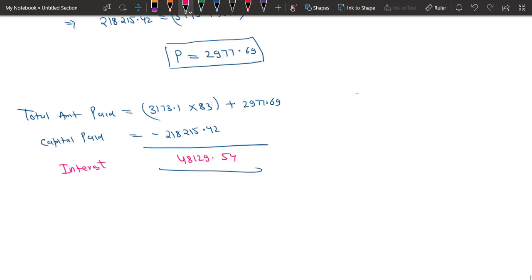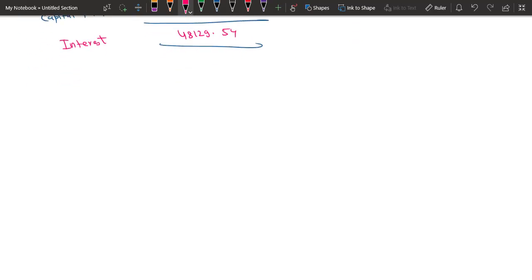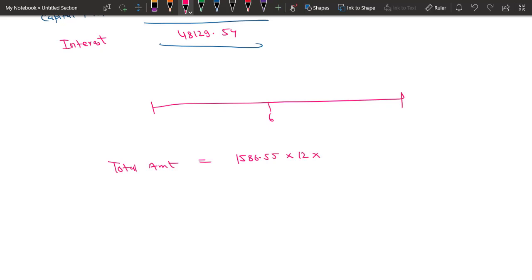So had we not increased the payment, or let's say if after time 6 we were still paying the original amount of 1586, then the interest that would have been paid will be equal to... So the total amount, if you are paying 1586, will be equal to 1586 into 12 and into 19 years, because the loan would have ended at time 25.